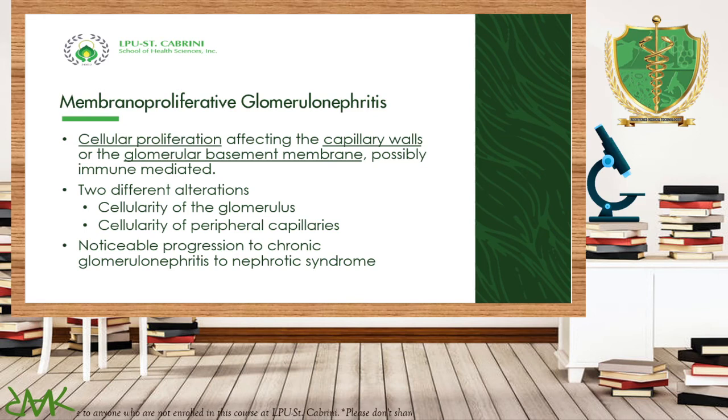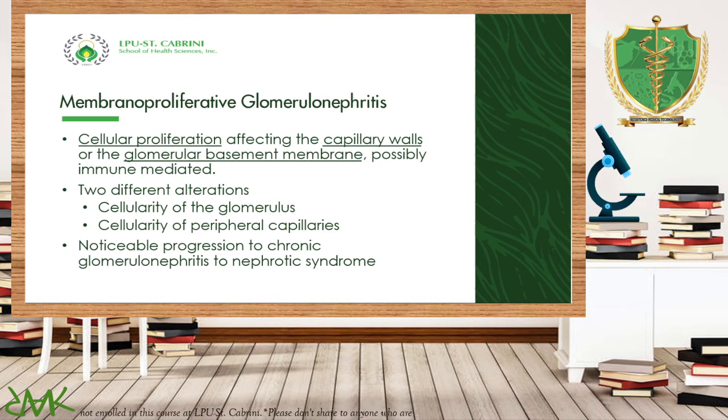Particularly, the cellularity of the glomerulus and the cellularity of the peripheral capillaries. Remember that this cellular proliferation affects the capillary walls and the glomerular basement membrane. And it is possibly due to immune responses also, or in other words, immune mediated.